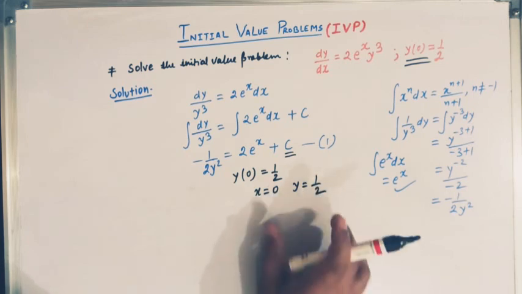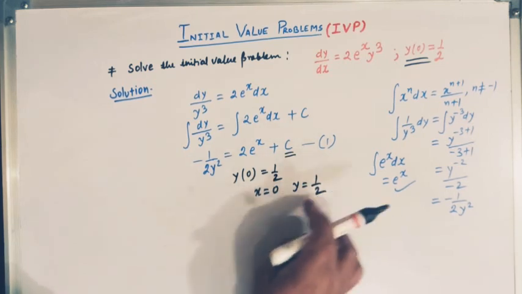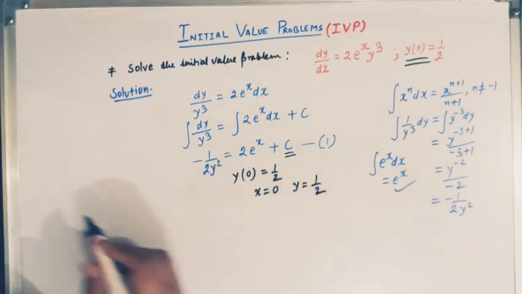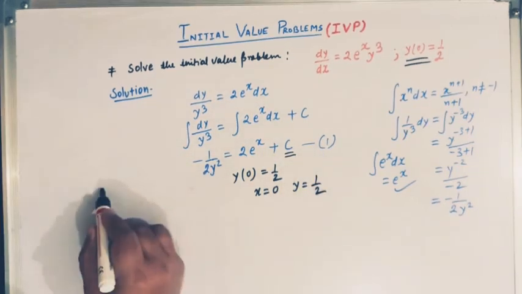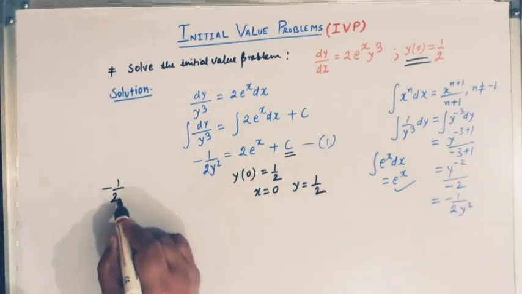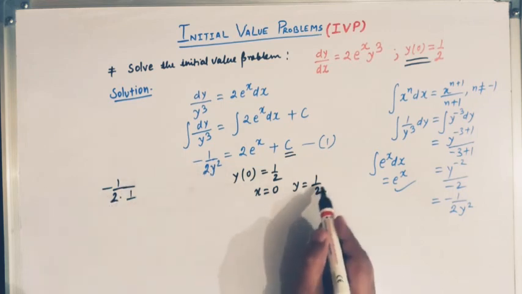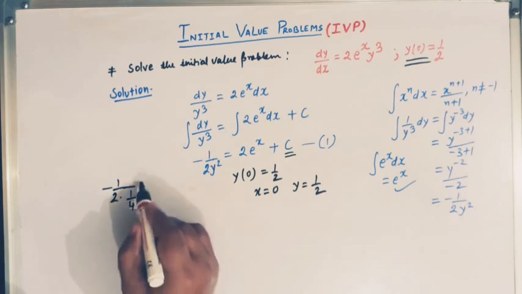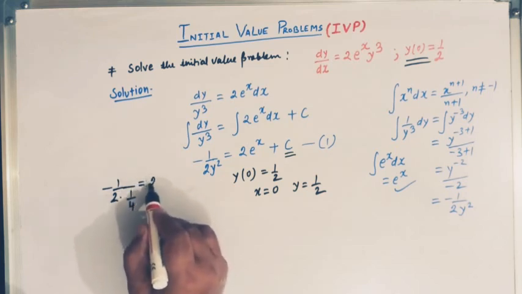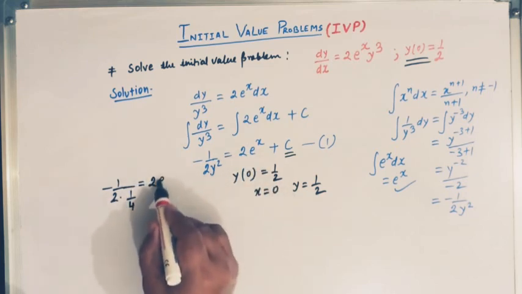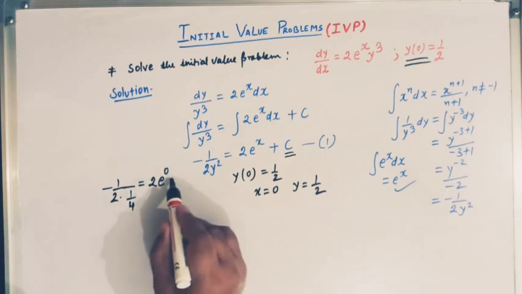So substituting these two values in equation number 1, we have minus 1 over 2 times half square, so we have 1 over 4 here, and then 2 times e raised to 0 plus c.